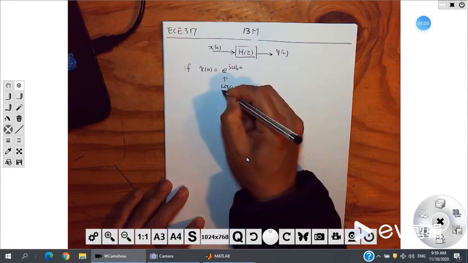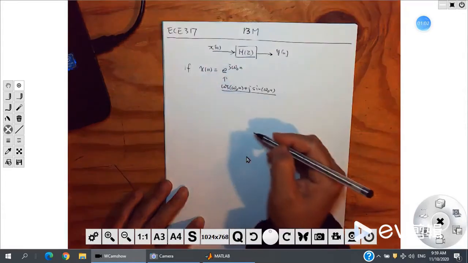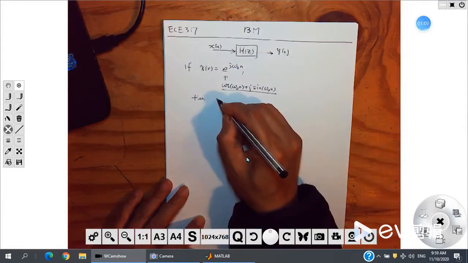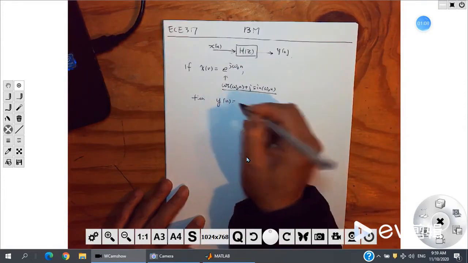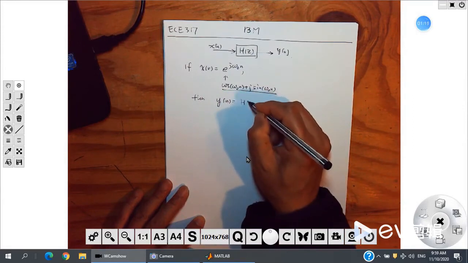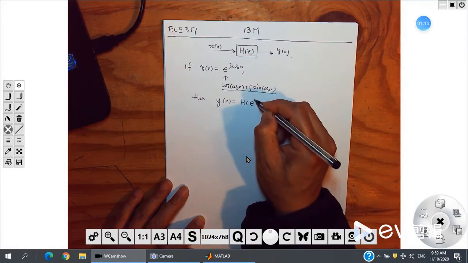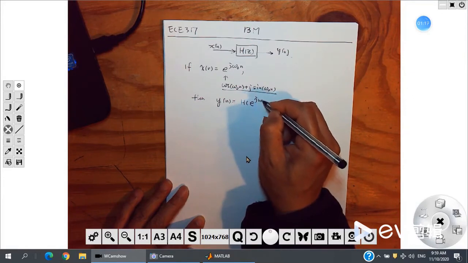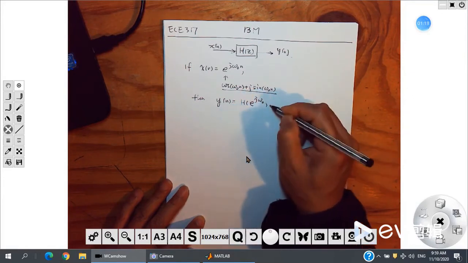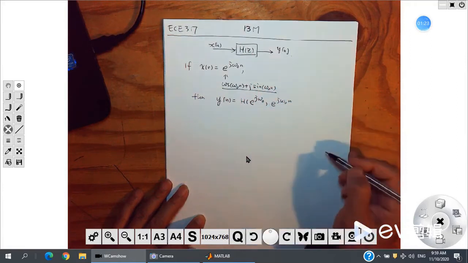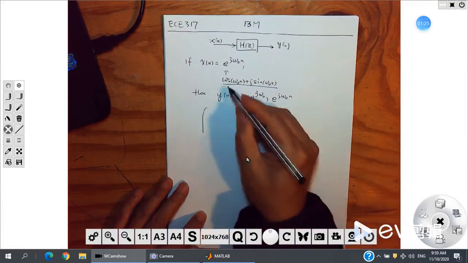If x is this one, then y of n will be h, the frequency response at the frequency omega 0, times the input, e to the j omega 0 n.